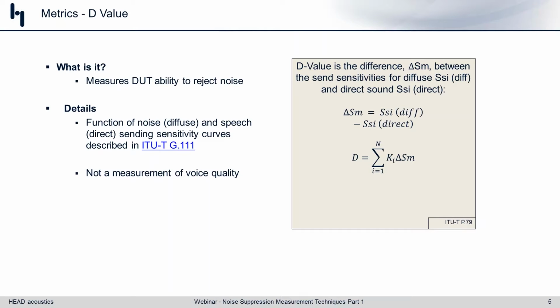What's interesting here, of course, is we do this separately. First, we take a measurement with noise only, and then we take a measurement with speech only, no noise. And then we compare the sensitivities of each. There's a weighting curve that we need to apply. But otherwise, we get the phone's ability to essentially reject background noise.